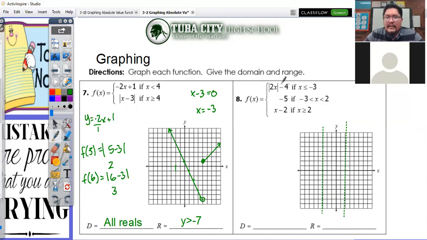And I'm going to go ahead and try to pick, let's see, for x values less than -3, I'm going to just pick a couple of these. So I'm going to pick f of -4, and that's going to be 2 times the absolute value of -4, minus 4.